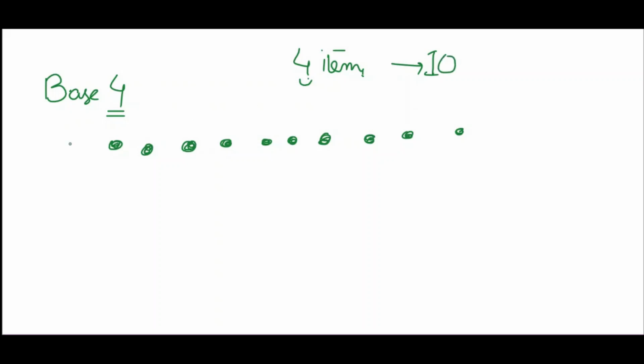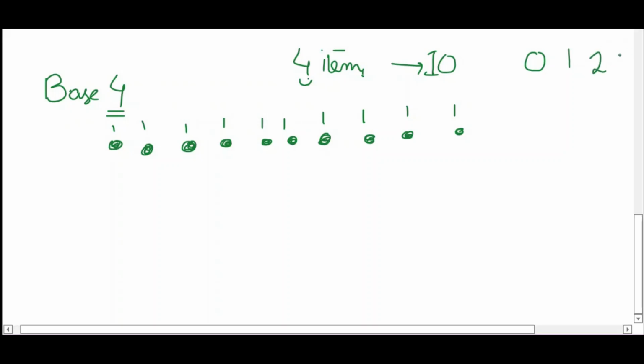Individually they are just 1, 1, 1, 1, 1, 1, 1. These are all ones. I cannot use the digit 4, because at that point the grouping occurs. So I can use the digits 0, 1, 2, and 3.